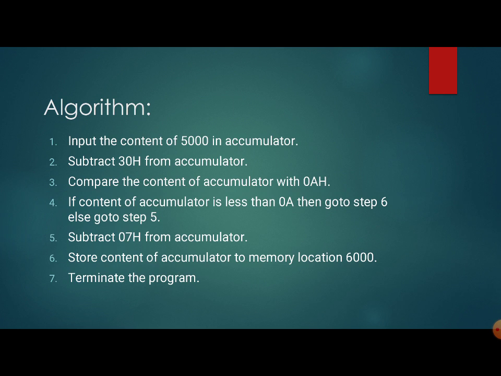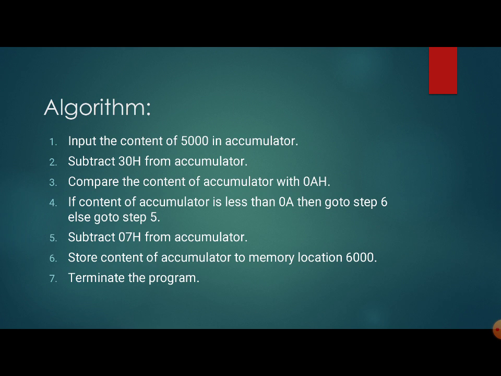Then subtract 30H from the accumulator and compare the content of the accumulator with 0A, whether it is above or below 0A. Now if the content of the accumulator is less than 0A, then go to step 6, which means just store the content of the accumulator to memory location 6000. The destination or your result is stored in the 6000 memory location.